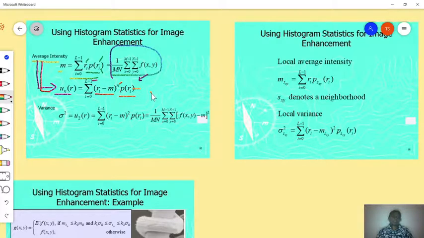This is the average intensity function, and from this we are calculating the variance. You know the variance symbol is this one. So the variance is a squared term, that's why we are applying the average intensity function to the power 2 upon r. Then the range is the same, and you know this is the formula, and n is equal to 2 here.